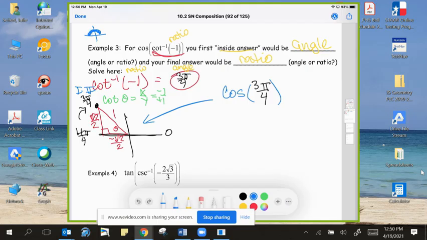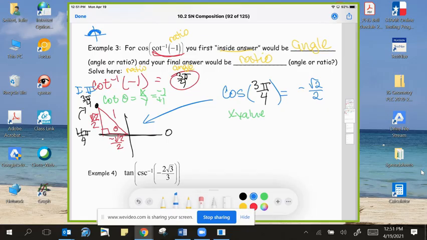So cosine 3 pi over 4. Cosine is the x value. So what is our x value here? Don't forget that negative. Negative root 2 over 2 is the x value.